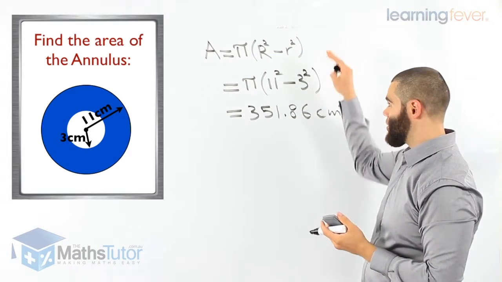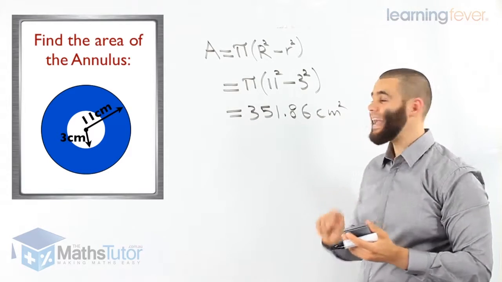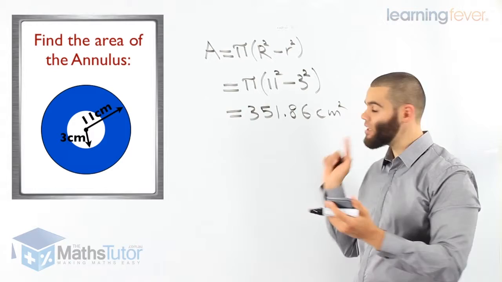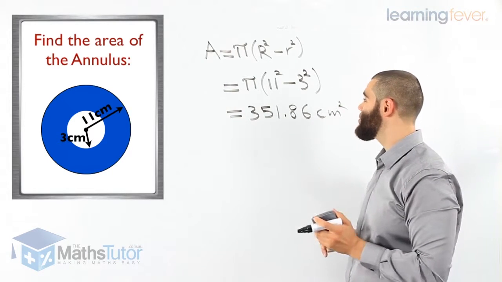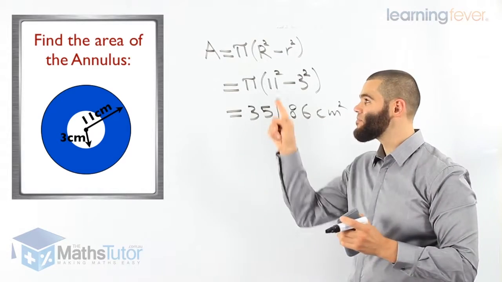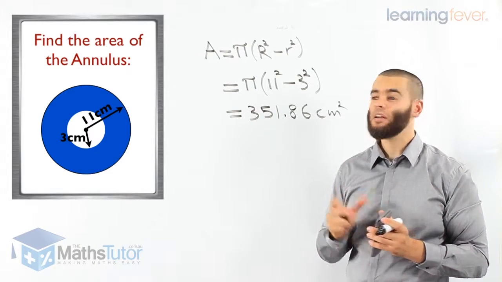Very important that you copy down the information correctly, and always double check your work when you enter in the calculator. Same thing, that way you get the right answer, 351.86 square centimeters. That is the answer for the annulus, the shaded area in blue.